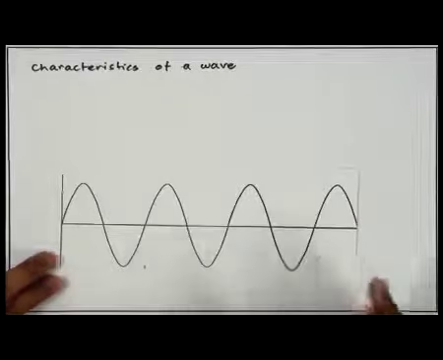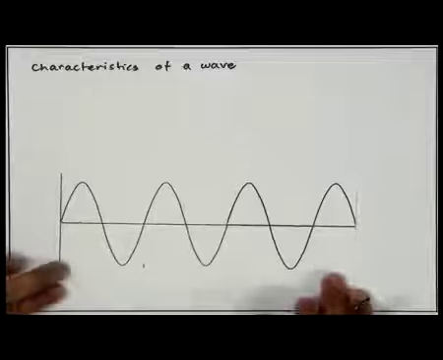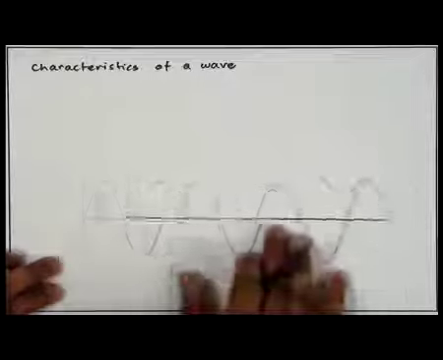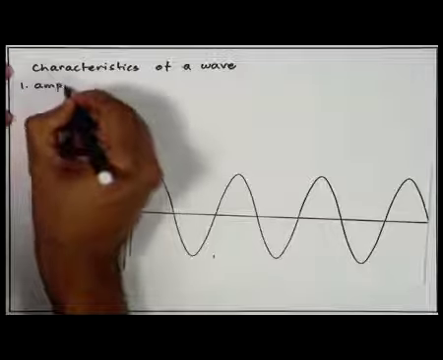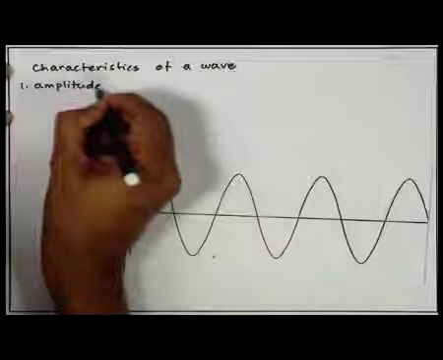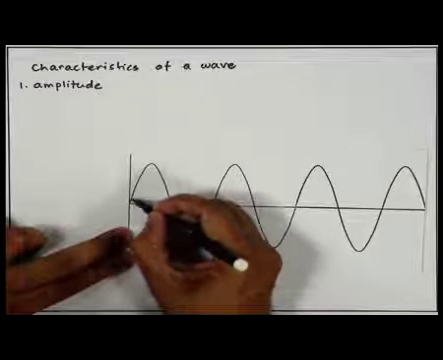We require some characteristic properties to define a wave. The first thing that we need is what is called an amplitude. In this wave, at every point you see some displacement.